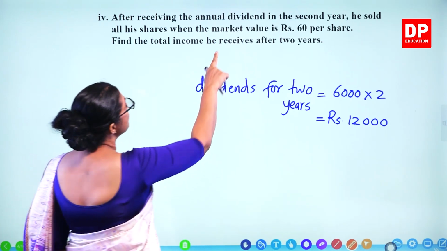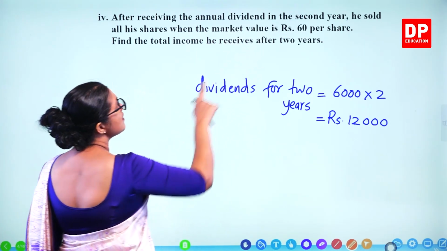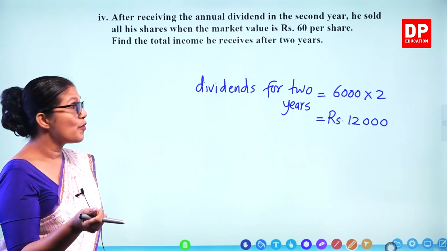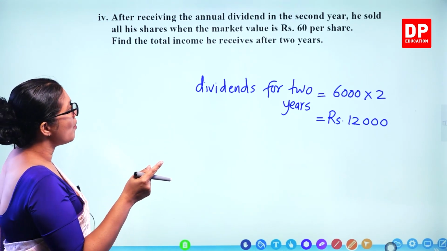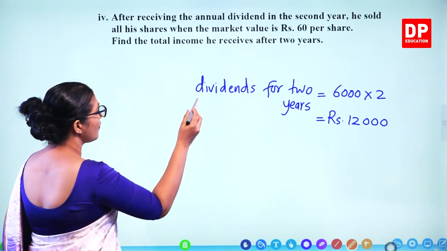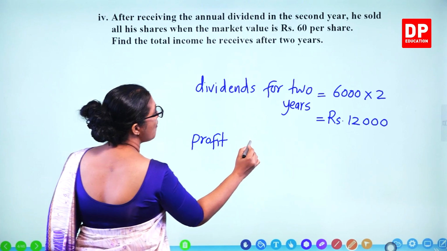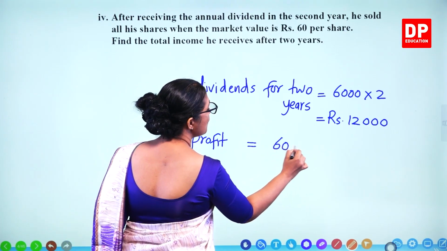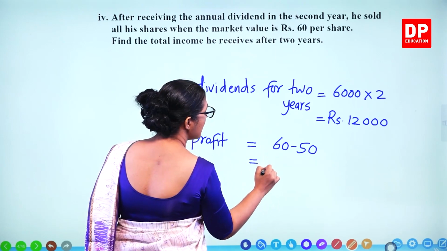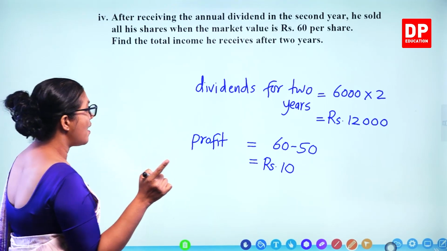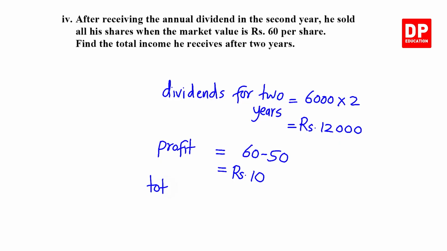And when the market value is 60 rupees, he sold all his shares. Earlier he bought for 50 rupees. So what's the difference? What's the profit? Profit per share is 60 minus 50. He is getting 10 rupees per share. But 1,000 shares are there. So total profit, 10 into 1,000.